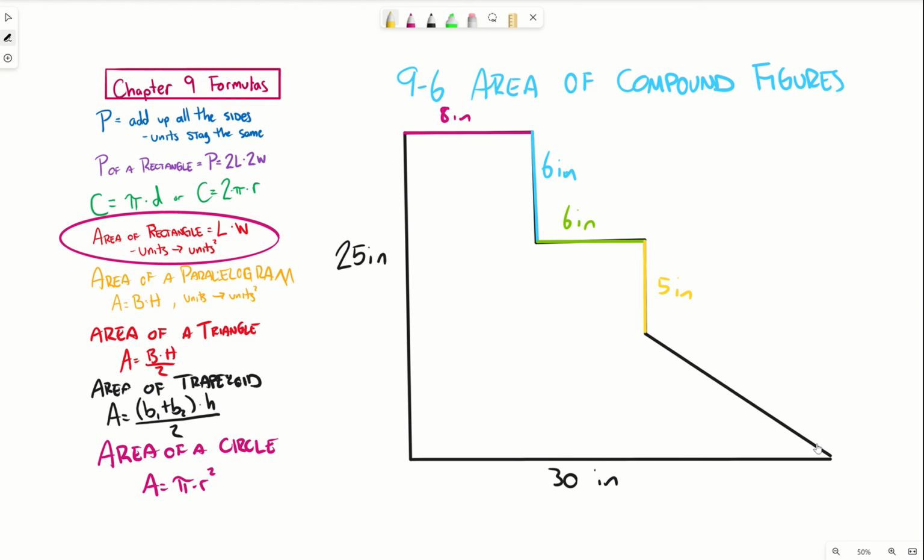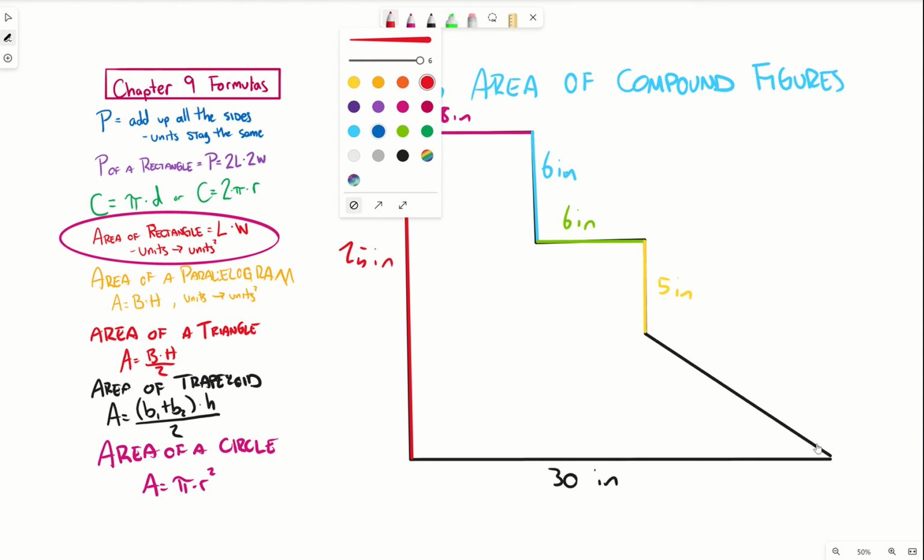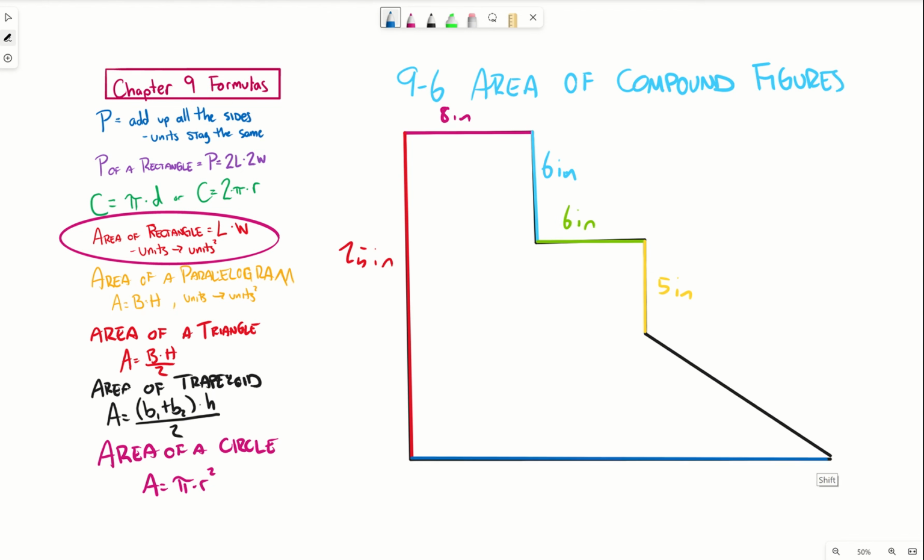We know that this side going down is 25 inches. And we know that this side going across is 30 inches.